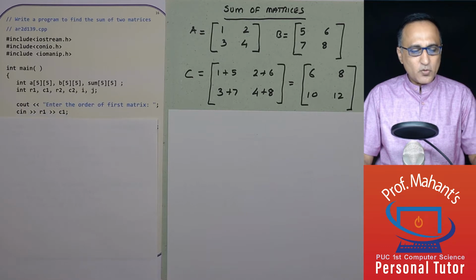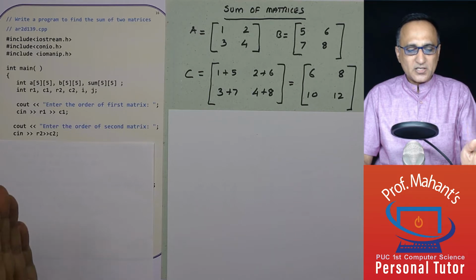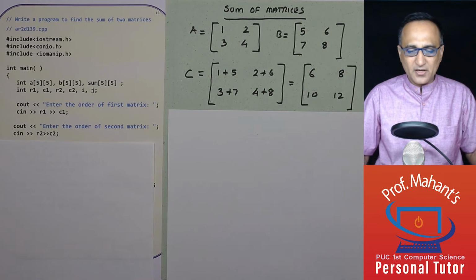First I am asking you to enter the order of the first matrix, row 1 and column 1. Similarly, I am asking you to enter the order of the second matrix, row 2 and column  2. For both the matrices, I have R1 is 2, C1 is 2, R2 is 2, C2 is 2, based on the data we have here.